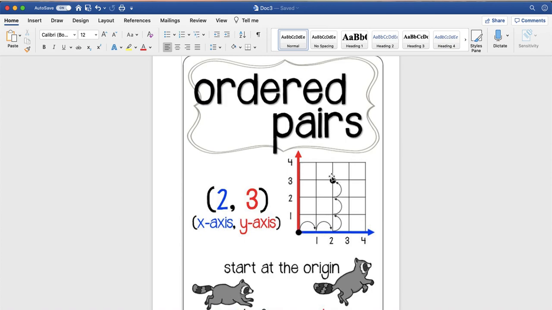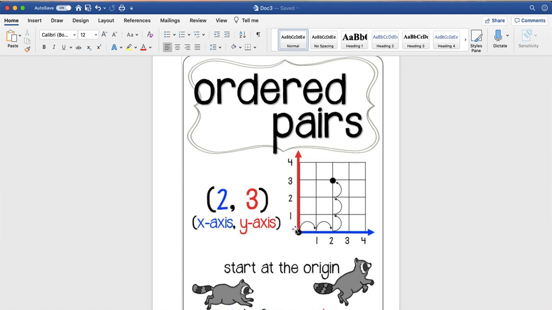Now I have this other point on my graph right at the top over here. An ordered pair is what we see right here. Like I said, it's the directions that we need to get to this point, starting from the origin.